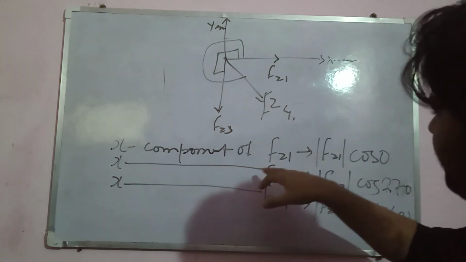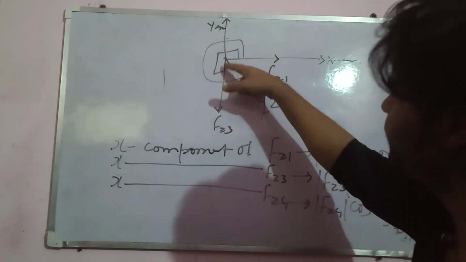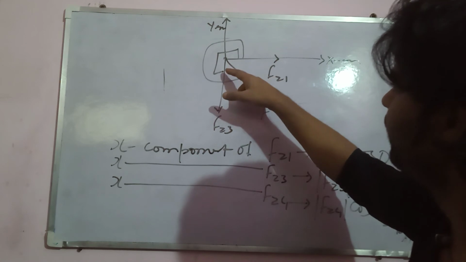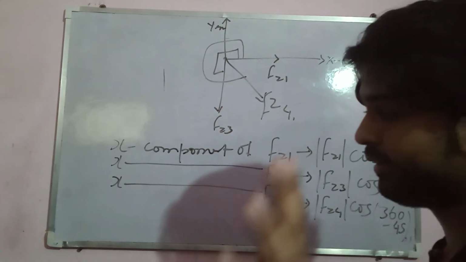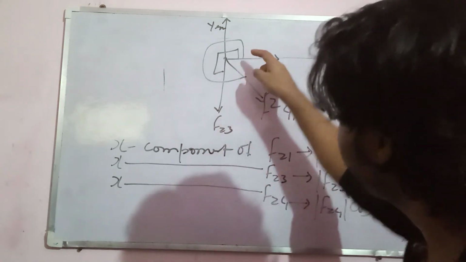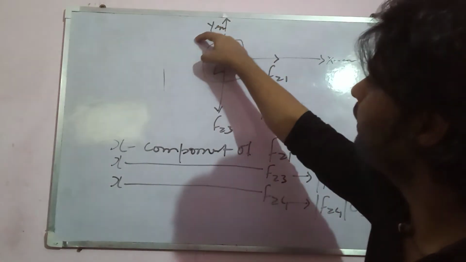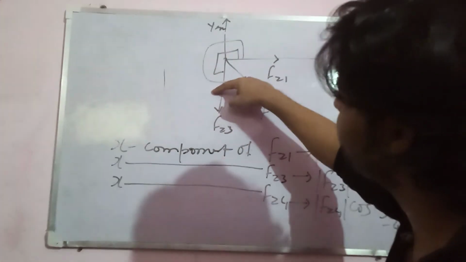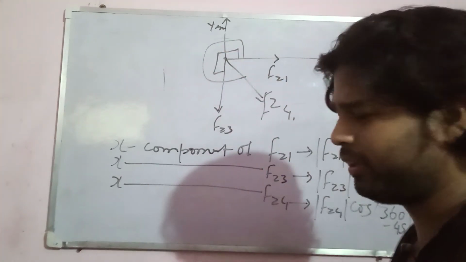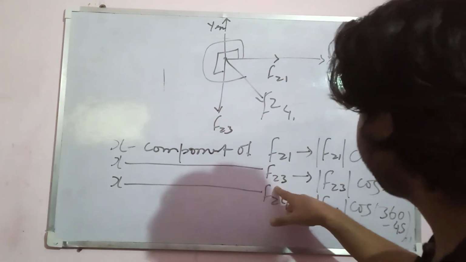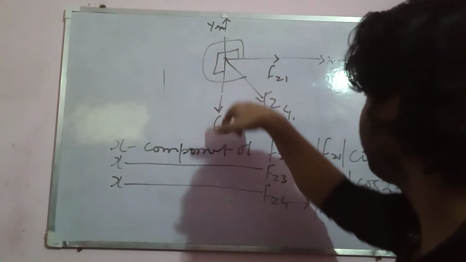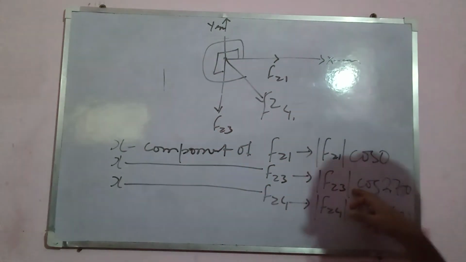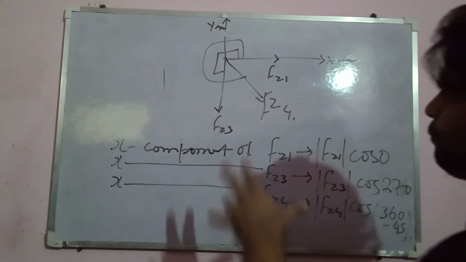Similarly, the x component of F23. F23 is here. You could calculate the angle from this side, but that's a mistake. We'll always have to calculate the angle in the anti-clockwise direction from the x-axis to calculate the components. So F23 makes an angle of 270 degrees from the positive side of the x-axis, so F23 into cos 270.